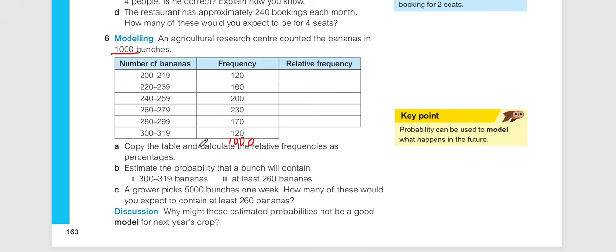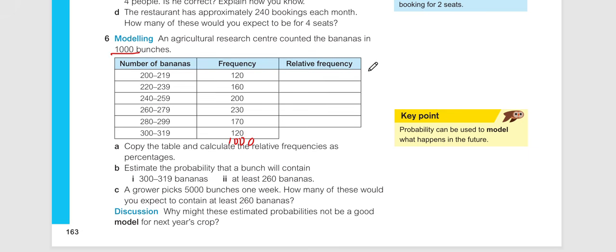Now what they are asking you to do is copy the table and calculate the relative frequencies as percentages, right? I will give you 1 minute to find the answers for this. You have to calculate the relative frequency and write it as a percentage.